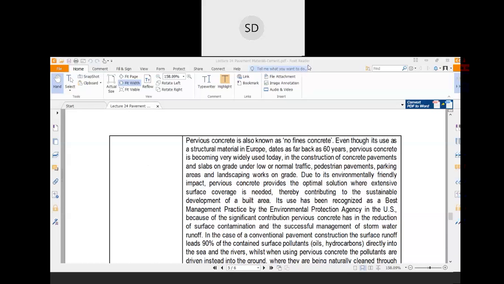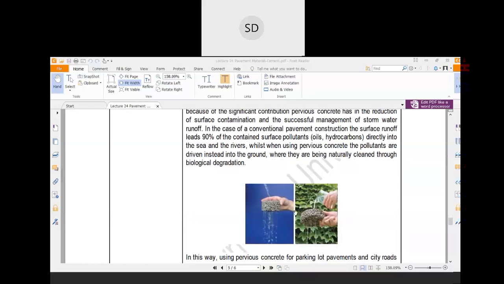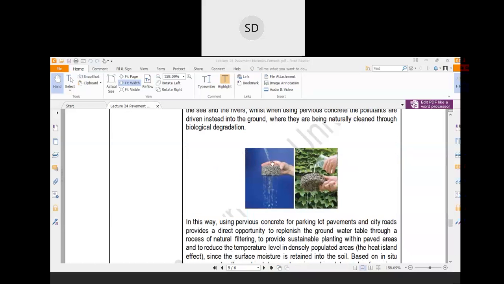But before using this pervious concrete, generally the drainage portions should be very effective, so that all the water which is penetrated through the pervious concrete should be collected and drained off easily. So this is pervious concrete.